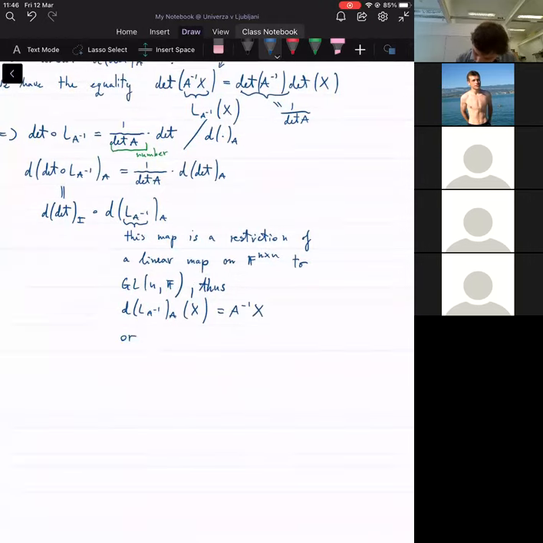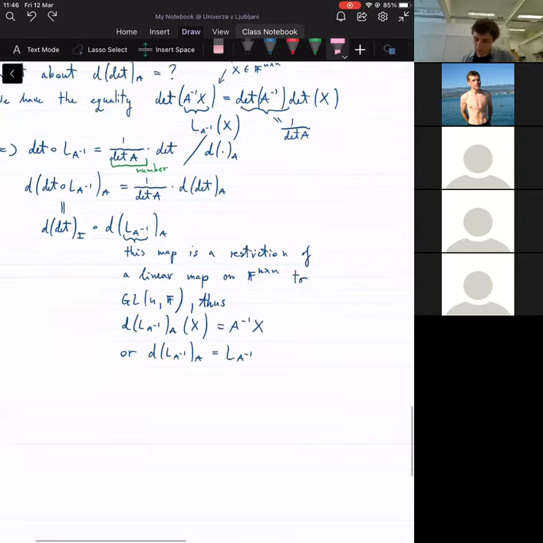Or equivalently, d L_{A^{-1}} at point A is L_{A^{-1}}. Okay, but it has to be interpreted correctly. So this is more precise. The bottom equation is less precise.